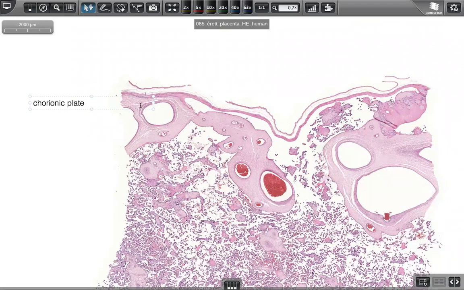So the chorionic plate has the fetal vessels, the umbilical arteries and veins, surrounded by chorionic mesoderm. This connective tissue surrounding the vessels is called chorionic mesoderm.